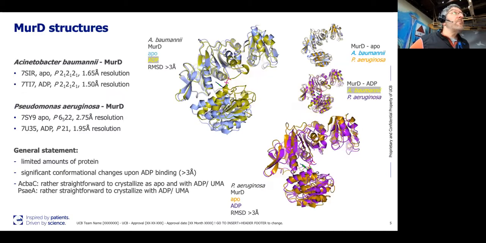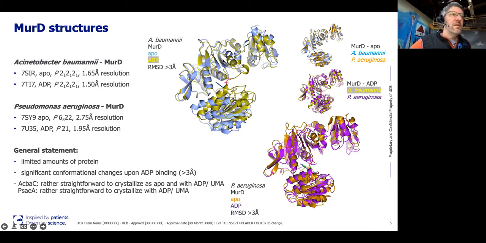For Mur D, we got these 4 structures. 3 of them at very nice resolution between 1.5 and 1.95, and then we got this slightly painful structure. I remember refining that. That was quite flexible. And what we see in general here is a superposition of APO and ADP bound Mur D for Acinetobacter.